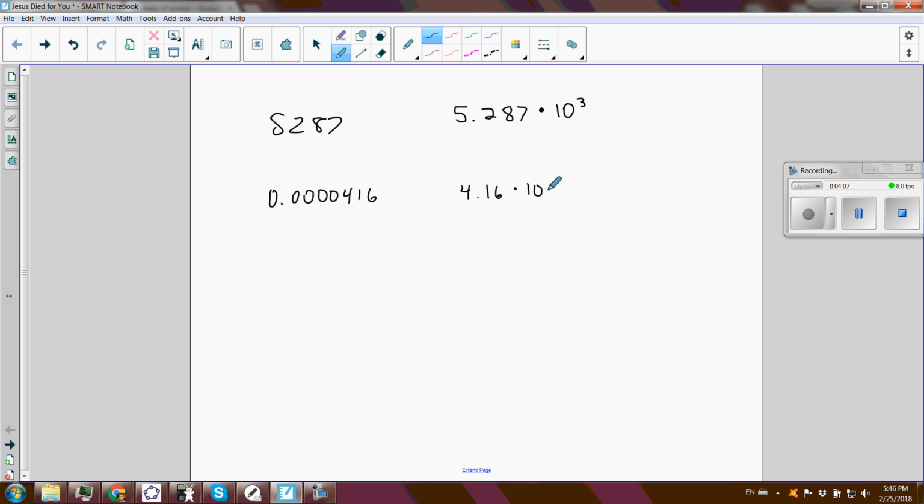In other words, it's going to be a negative power of 10. 4.16 times 10 to the negative something. How much space is there between the 4.16 decimal position and the actual position back there? 1, 2, 3, 4, 5 places. So 4.16 times 10 to the negative 5 will be the same thing as 0.0000416.